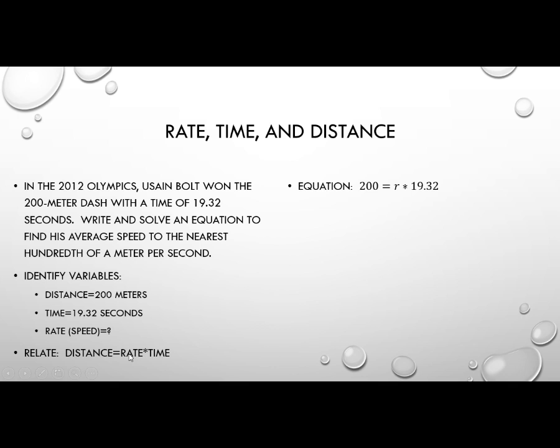We're going to rewrite this as an equation where I changed my distance to 200, the time to 19.32, and now I solve for my unknown, the r, and that should tell me how fast he went. I notice that I'm multiplying r by 19.32, so inverse of that, divide by 19.32. 19.32 divided by 19.32 is going to be 1, so I'll just have 1r. 200 divided by 19.32 is approximately 10.35, and that's why I changed from an equals to the approximate symbol, because I rounded.